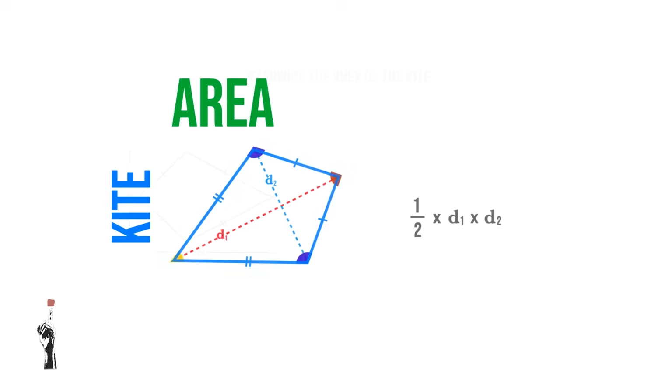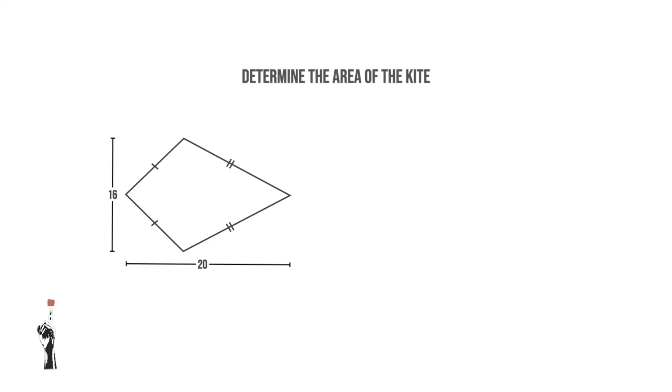Let's look at an example. Determine the area of the kite. Since we see that this entire length is 16 units long, I know that my diagonal on the inside will be 16 units long. Since they also give me that my horizontal length for this kite is 20 units, I know that this diagonal will be 20 units long.